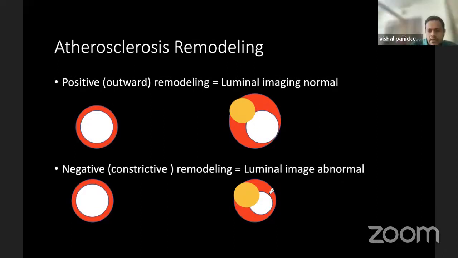In positive remodeling, there will be increased atheroma, that is the plaque load is high. So thromboembolism is more common in positively remodeled. It is more plaque rupture. It's an active plaque. In the anterior circulation, the negatively remodeled plaques are more calcific.